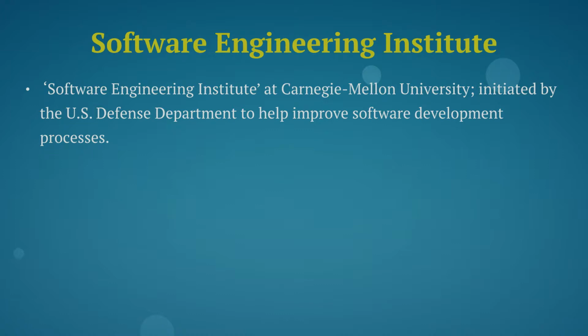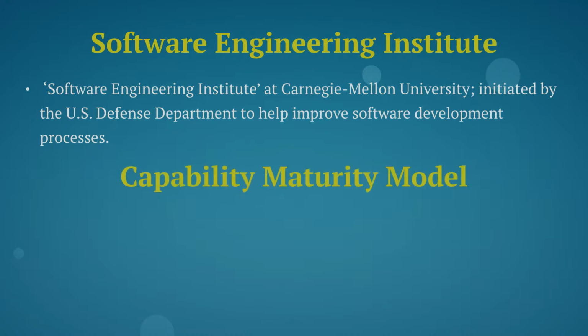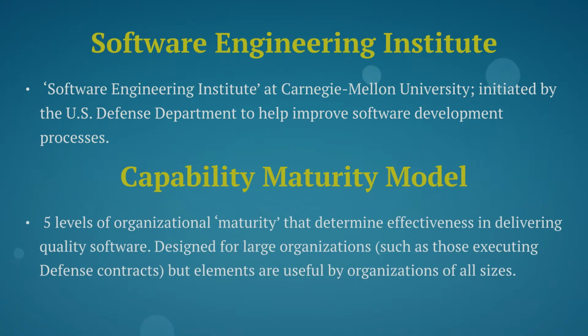And it was obviously the U.S. Defense Department really needed to know how to assess code quality, so they kind of kicked this off decades ago. And this team invented something called the Capability Maturity Model. And they invented 5 levels of organizational maturity that determine effectiveness in delivering quality software.